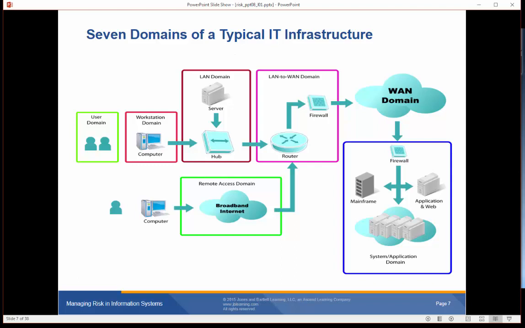So you have all of these that make up the IT infrastructure. I would write these things down and see, as we talk about these, what is actually associated with these domains. Obviously, the user domain and the workstation domain are common sense names, so you can sort of put 2 and 2 together. For instance, the user domain includes people.